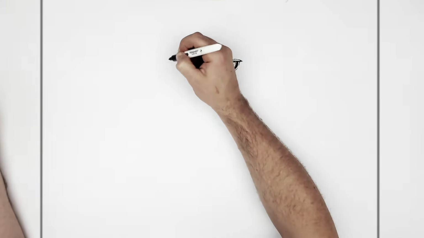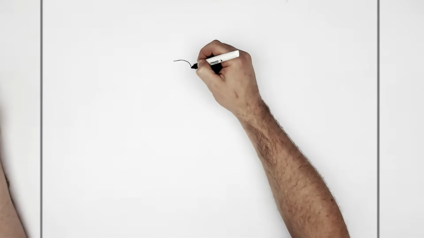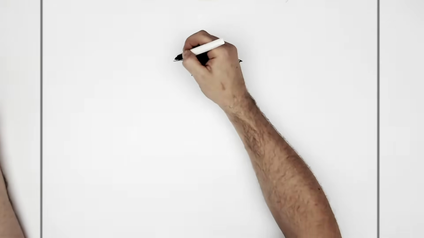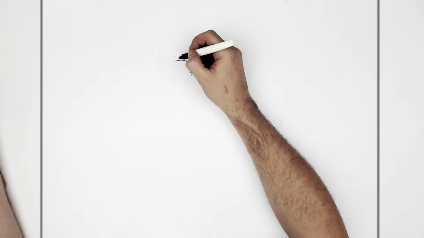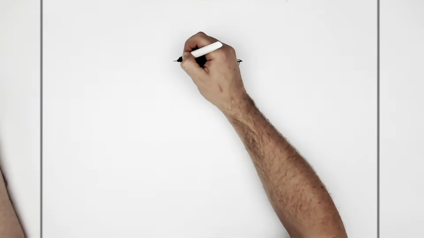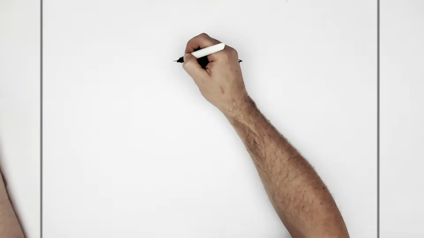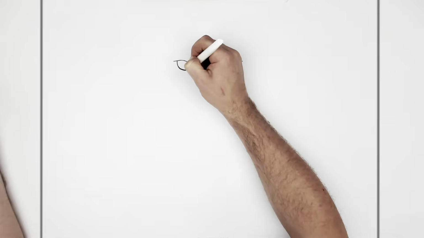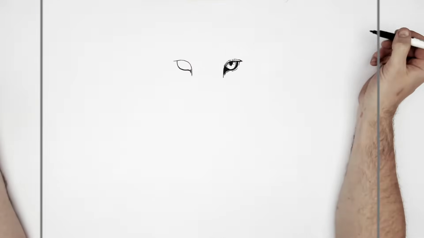And then you've got that eye shape again, that's kind of spiky. Can be two spikes. And then we will go around here again. Right, that sort of shape.